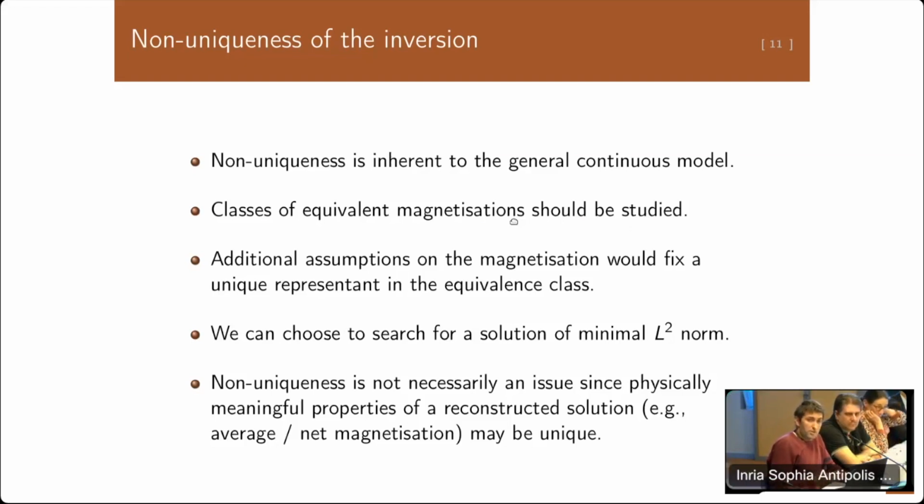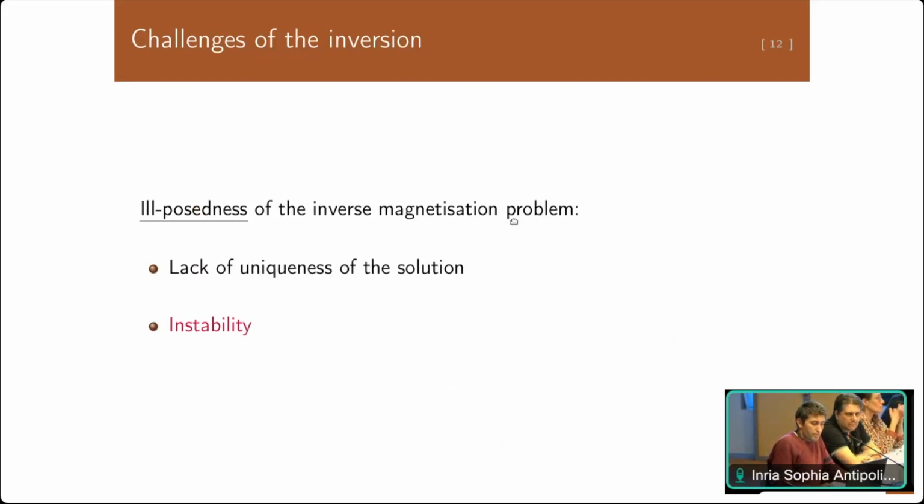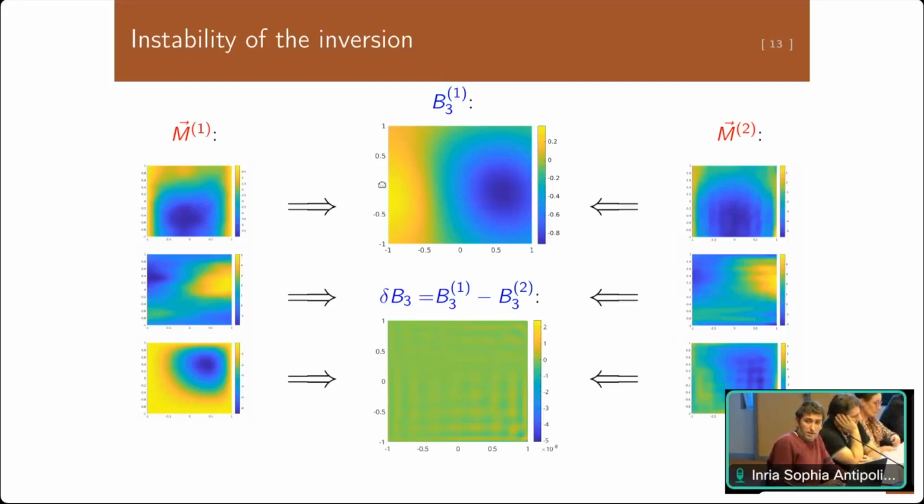And these properties of the magnetization are unique over the equivalence class. The second issue is instability, and this is something more nasty. To illustrate this, again, I show a picture.